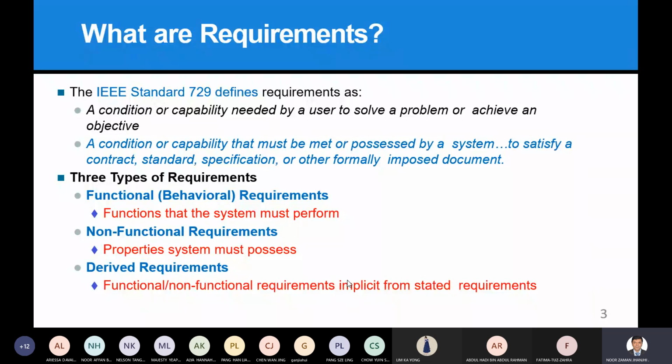So just see, the whole assignment is prepared for you in a way that you can get the right requirements.